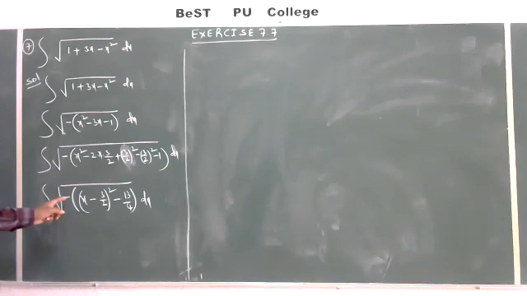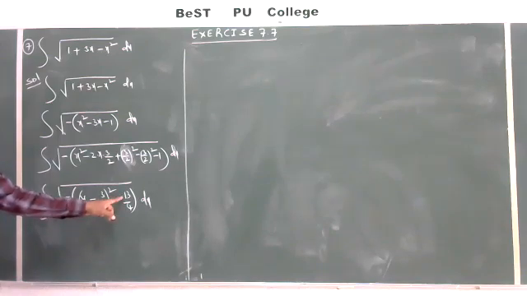So next step. Here you take minus inside the bracket, then you get minus into minus, here plus 13 by 4. You write 13 by 4 as root 13 by 2 whole square.